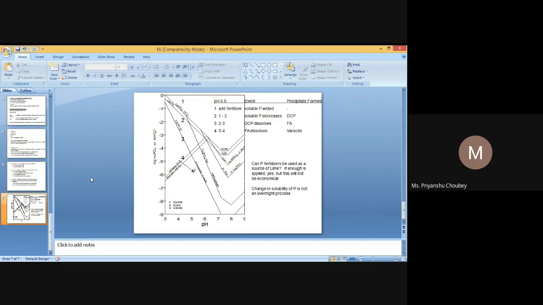This can be broadly classified into two groups. First is the fundamental pedogenic process. Second one is the specific pedogenic process.